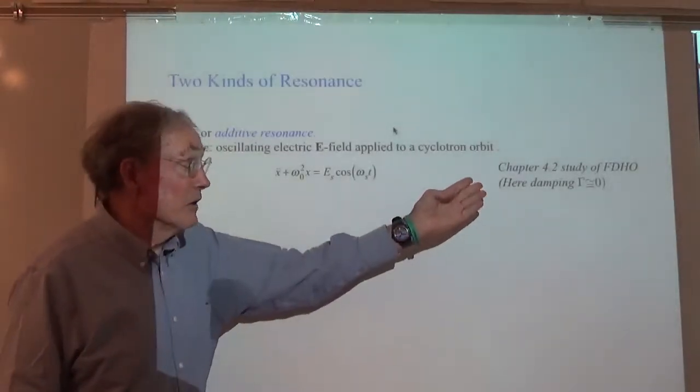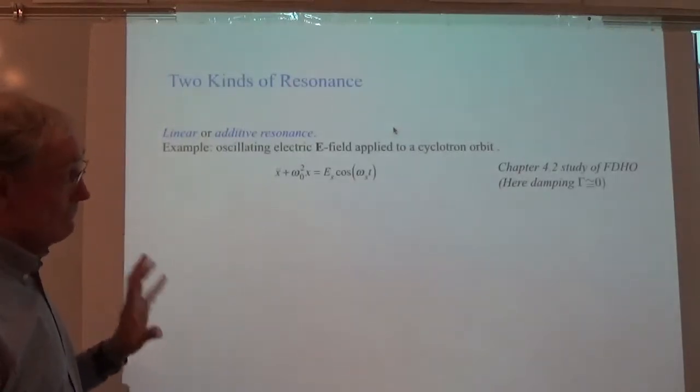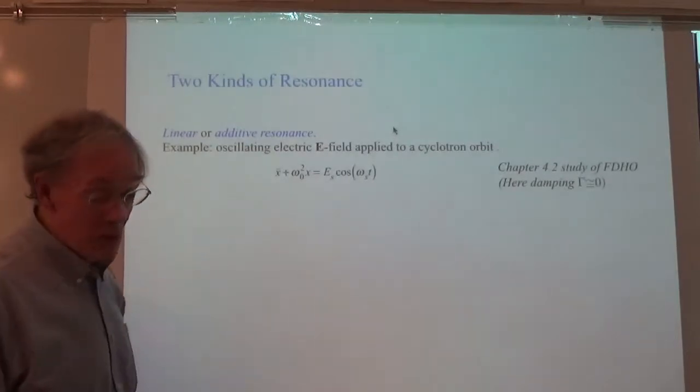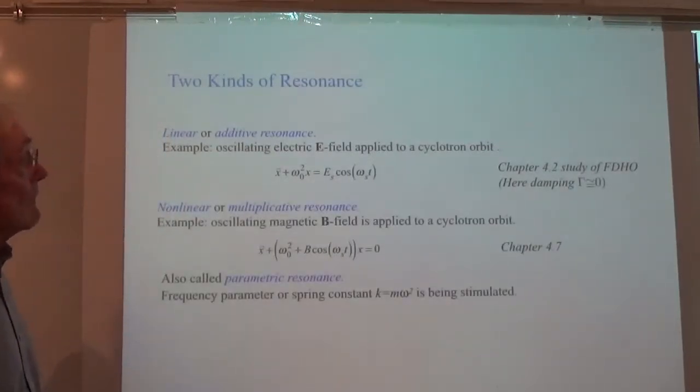Without any friction or damping. We won't bring in friction or damping, but it would make the problem quite a bit more complicated, as we'll see. And you don't have it in the quantum mechanics that is analogous to what we're talking about here.